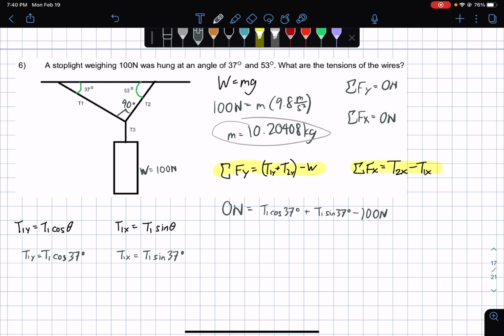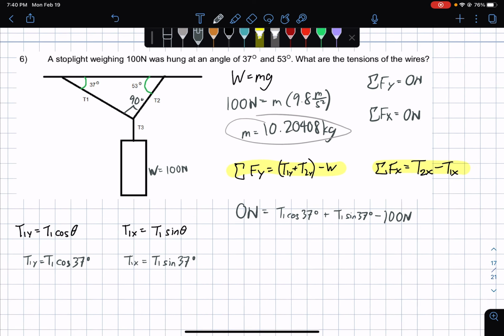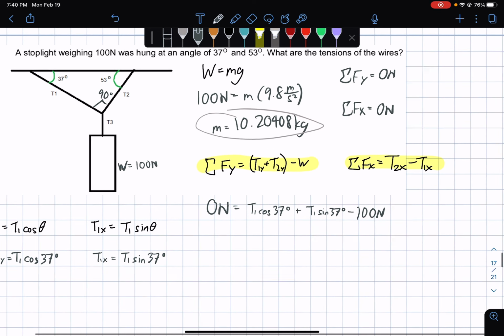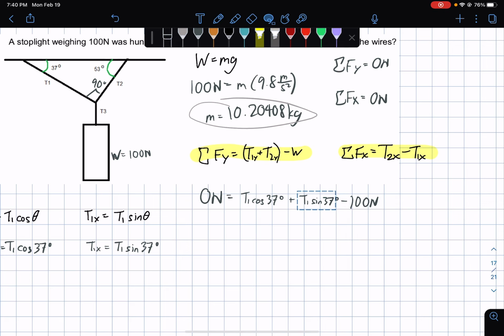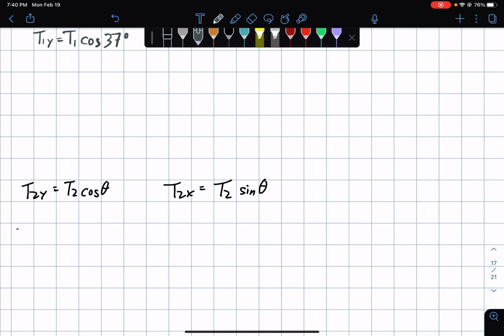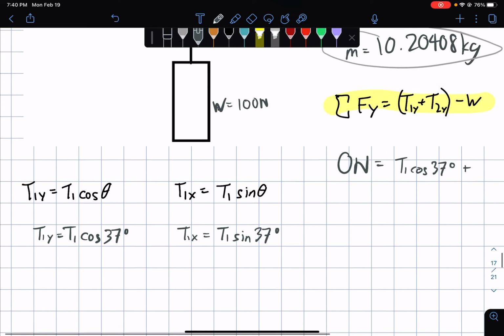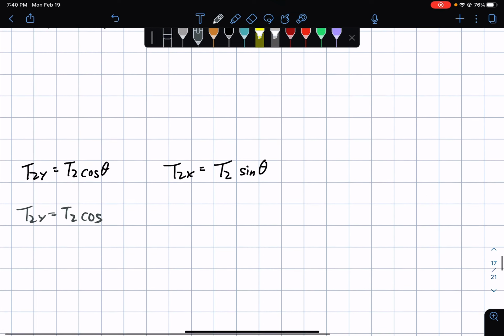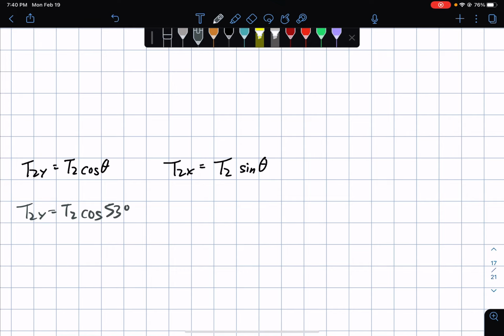This is going to be nice. Wait, no. This is wrong. It's supposed to be T2y, not T1x. So for T2y, T2 cosine, what's the theta for T2? 53 degrees. So T2 cos 53 degrees.